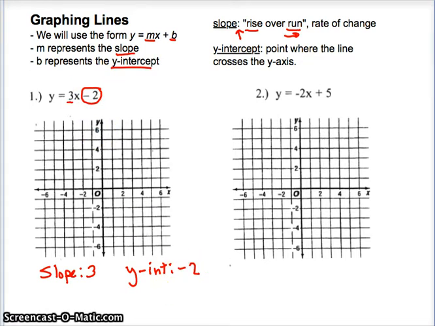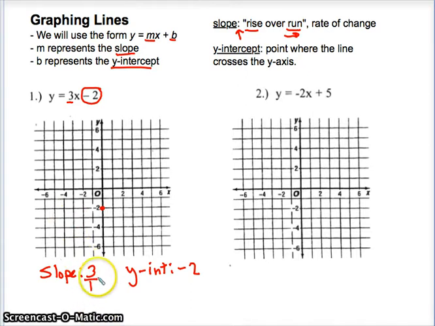So how do I translate this onto a graph? Well, I'm going to start with the y-intercept. I'm going to start on the y-axis at -2. That's right down here. Now you remember we referred to the slope as the rise over the run. Well, since the number is 3, that can be written as 3 over 1.